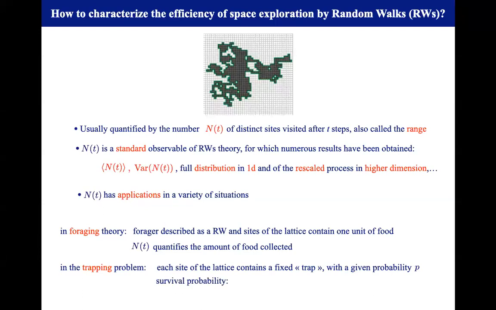People have been interested in the so-called survival probability, the probability for the molecule not to have met any of the traps at time t, and it is easy to realize that this quantity can be written as the average of (1 minus the concentration of traps) to the power of the range, averaged over the realization of the traps. So if you are interested in the kinetics of the trapping problem, you have to be able to calculate the distribution of the range. So finally, the range is theoretically important, and it has many applications at various scales.